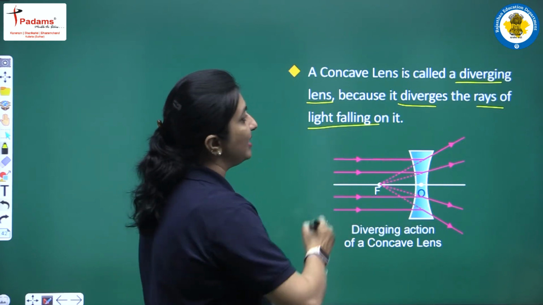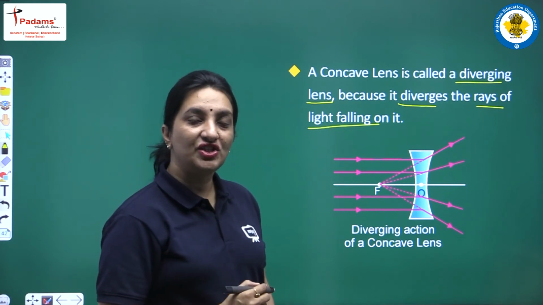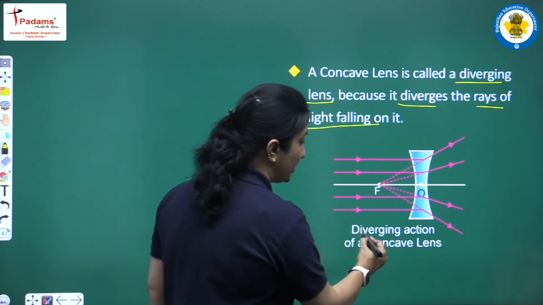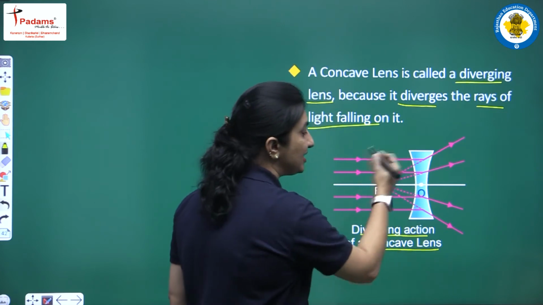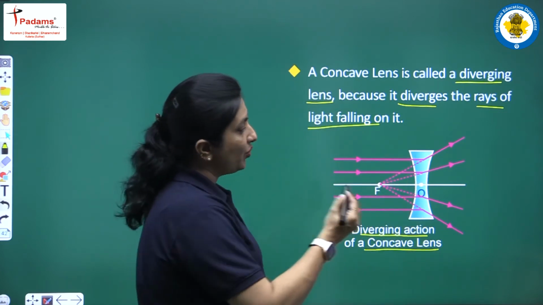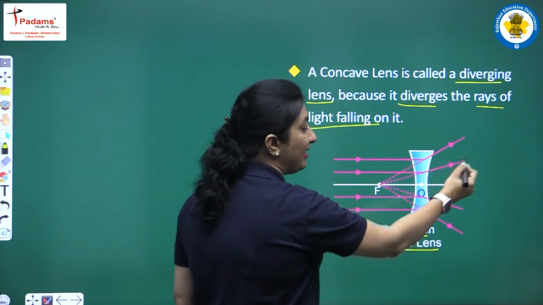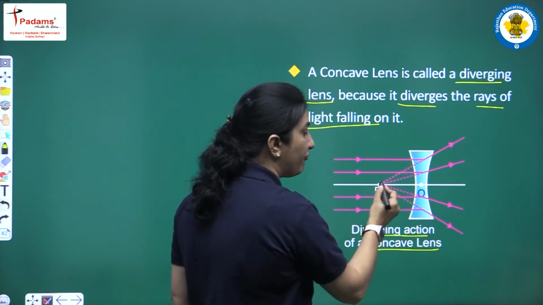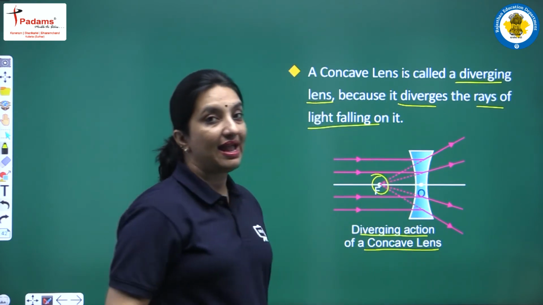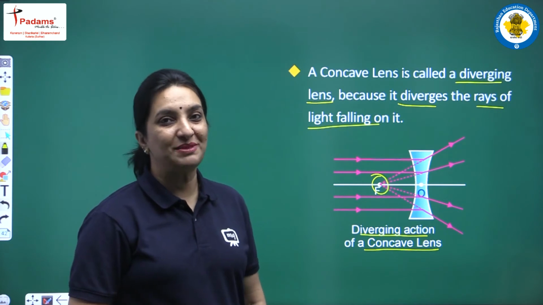Such types of lenses are called diverging lenses. The diverging action of a concave lens is shown in this figure, and the refracted rays appear to come from a point F, which is known as the principal focus.